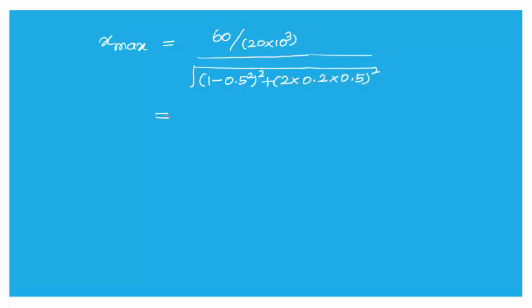The X max value will be obtained as 3.865 into 10 power minus 3 meter, which is 3.865 millimeter.